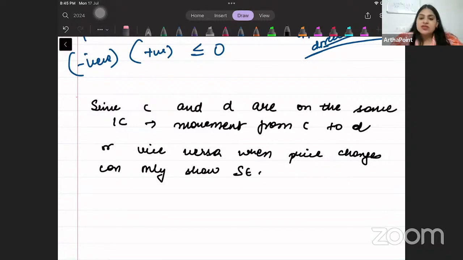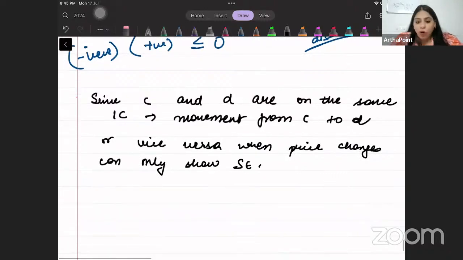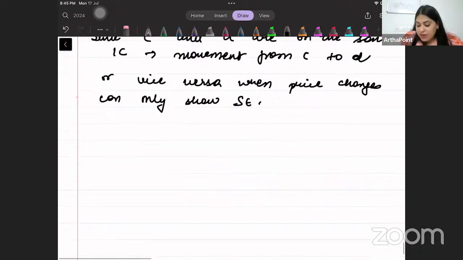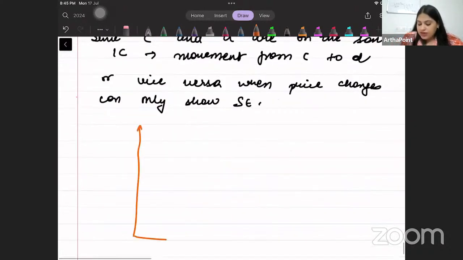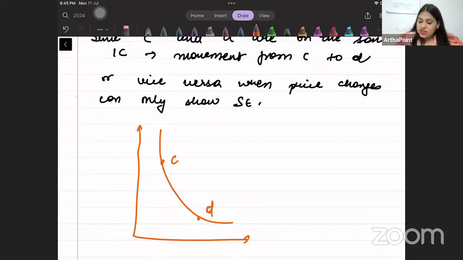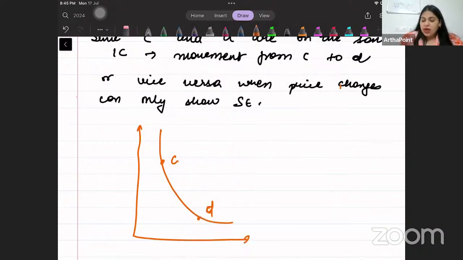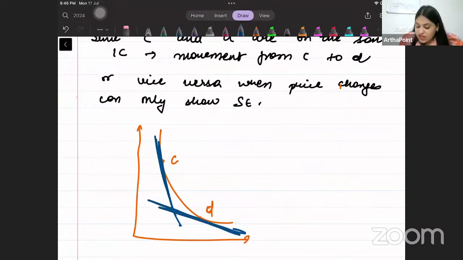Please revise this. This is very, very important. So C and D are on the same IC. The only thing that changes is the price ratio. Here the prices were these, and prices have now changed. But I am moving along the same IC, right? It means I'm holding utility constant. So it cannot show total effect. It must show substitution effect.